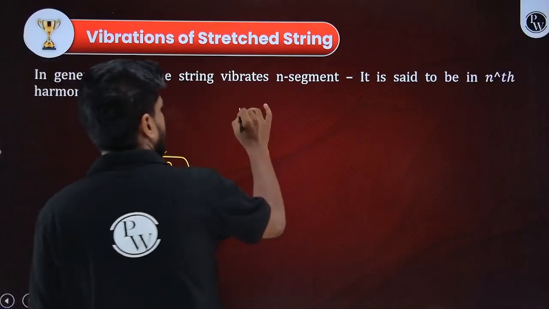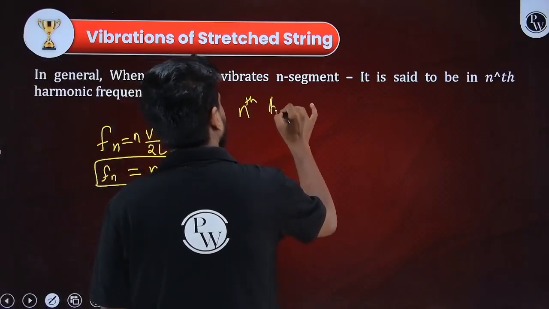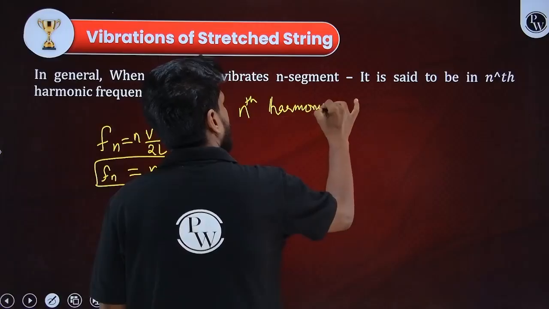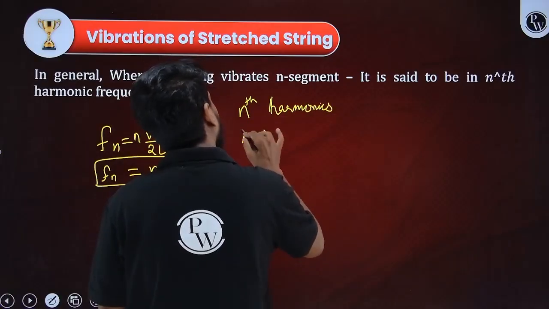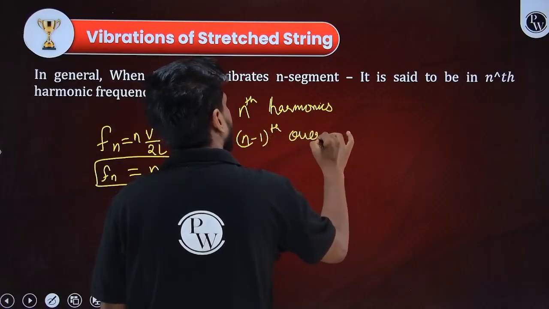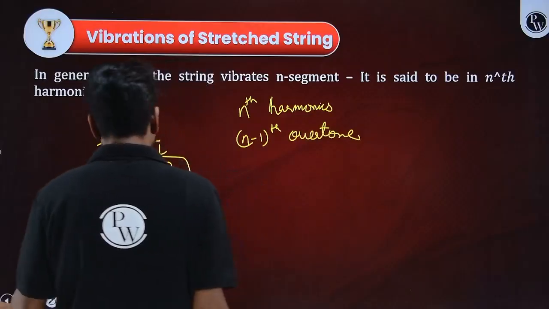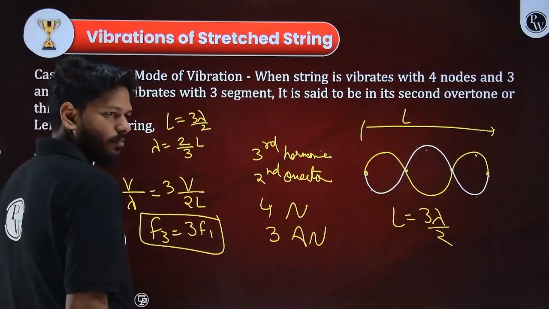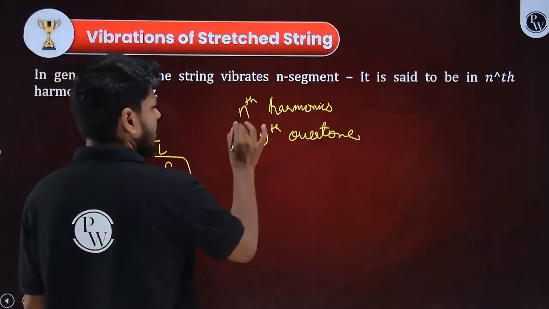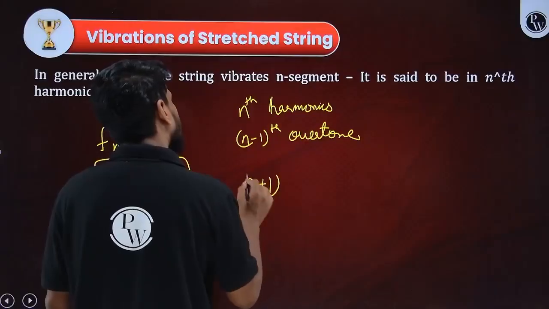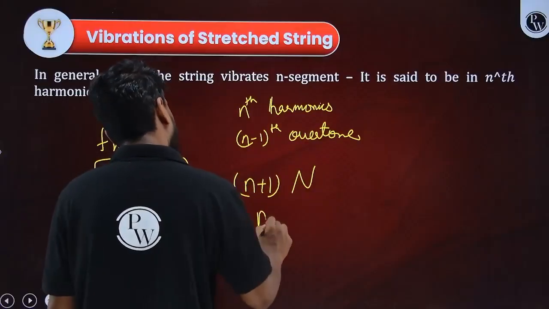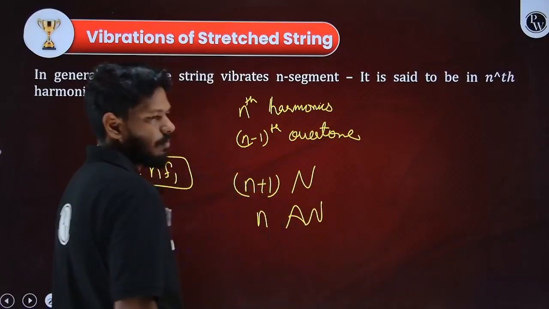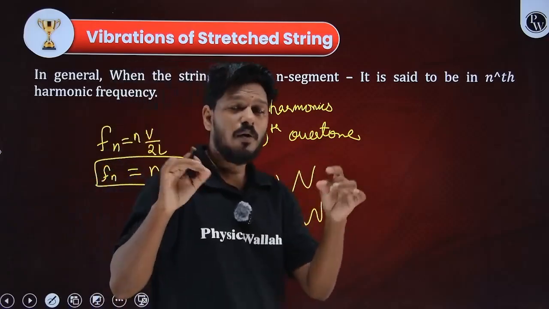This is called the nth harmonic and the n minus 1th overtone, because the third harmonic is called the second overtone. How many nodes will I have? The nth harmonic will have n plus 1 nodes and n antinodes, because both the ends are fixed. So we have one extra node.